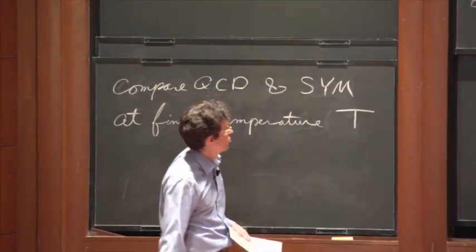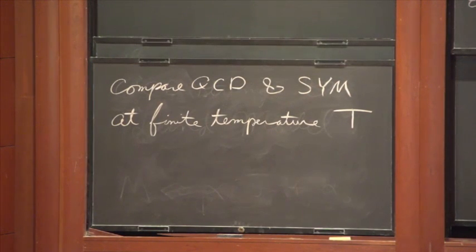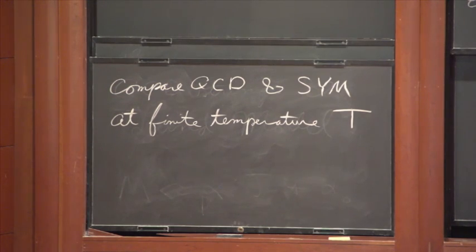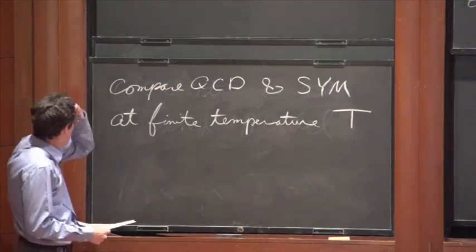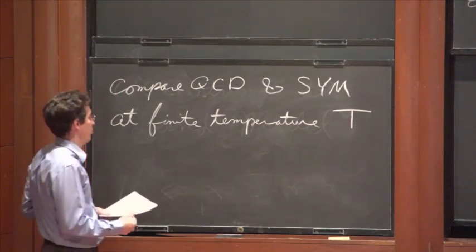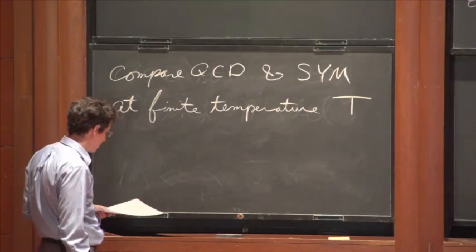Sorry about having used T previously to indicate the extent of Euclidean time. I'm now going to use it only for temperature here. So what is the best way to make this comparison for Wilson loops?